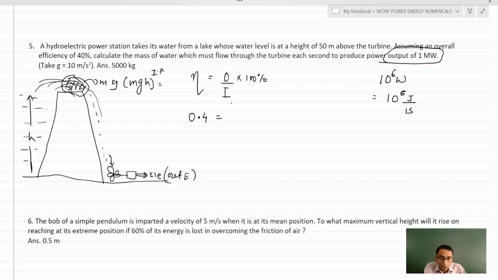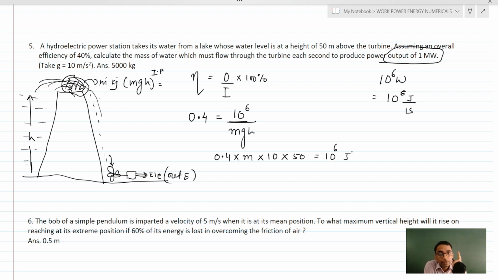So output energy divided by input energy. The input energy itself is due to the m kg water, that is mgh, and output is 10 raised to 6 joule. So now if you solve this, 0.4 times mass we don't know, times g is 10, times h above the ground is 50 meters, that is equal to 10 raised to 6 joules.